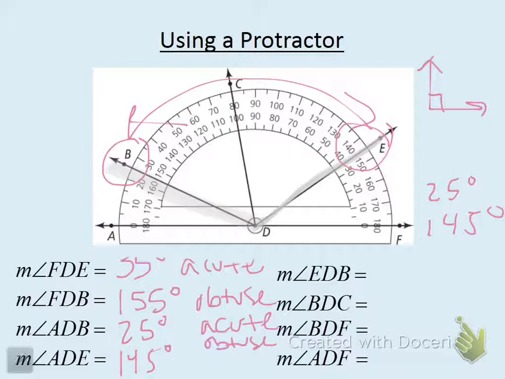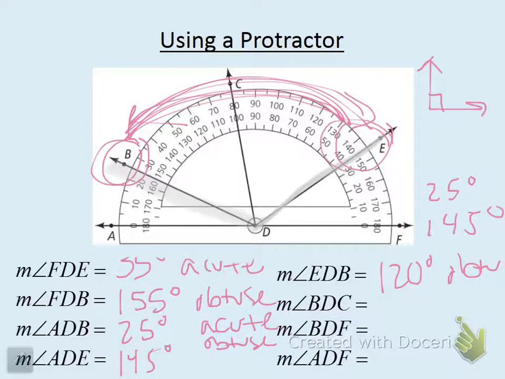So 145 minus 25 means the total is 120 degrees, which again is obtuse because it's bigger than 90. Sorry, you can't really tell that that says obtuse. Okay, because I wanted to know the total between these two. That's why I figured out what this one was at and what this one was at and subtracted them.